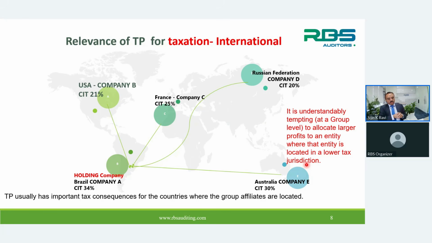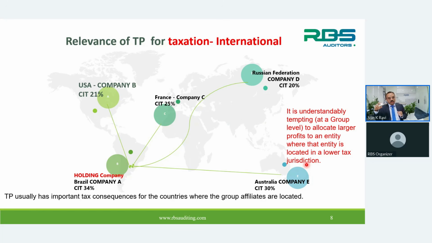If the holding company is situated in Brazil, the tax rate is 34%. If you consolidate the entire financial statements at the holding company level, there is a temptation to shift profit from one country to another. So you will do the major transactions in the country having a very low tax rate.